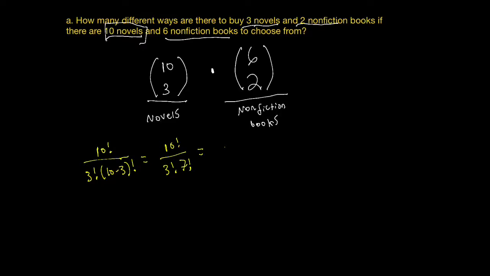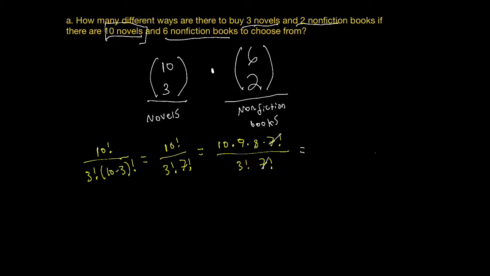I'm going to expand the 10 factorial all the way down to 7 factorial, so I can cancel it out with the 7 factorial in the denominator. So here I get 10 times 9 times 8 times 7 factorial over 3 factorial times 7 factorial. So these 7 factorials are going to cancel out.